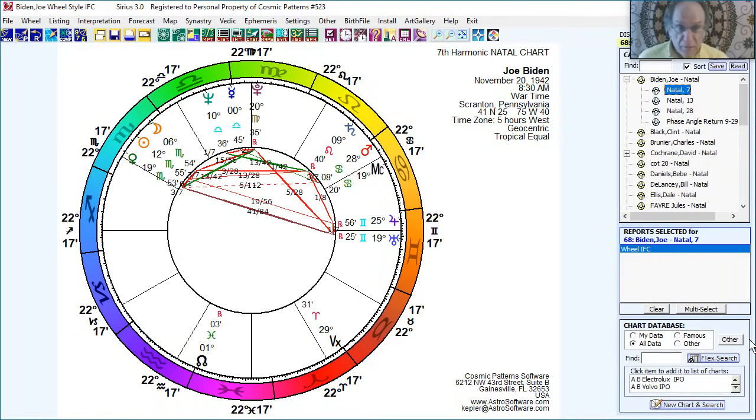Bottom line is that Joe Biden has a weak to moderate Sun, Moon, Saturn configuration in the 7 vibe chart. What does it mean? When you have 3 planets connected, it creates a theme. It creates a storyline in the person's life, but it's weak to moderate.